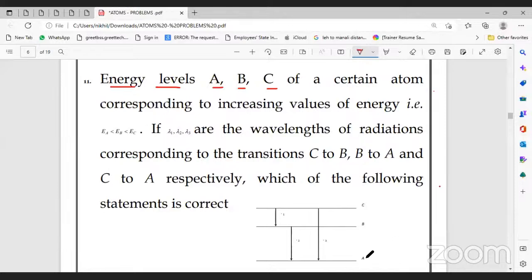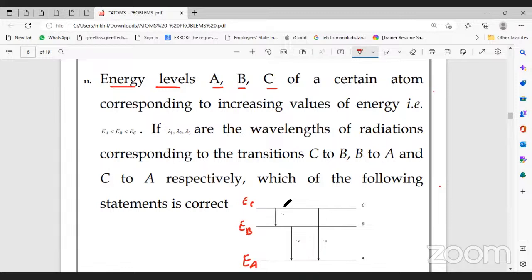The energy in orbit A is EA, in orbit B is EB, and in orbit C is EC.